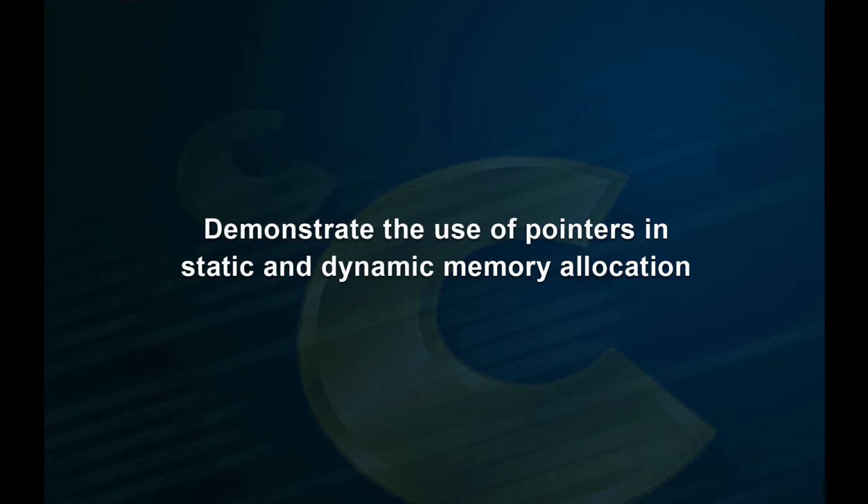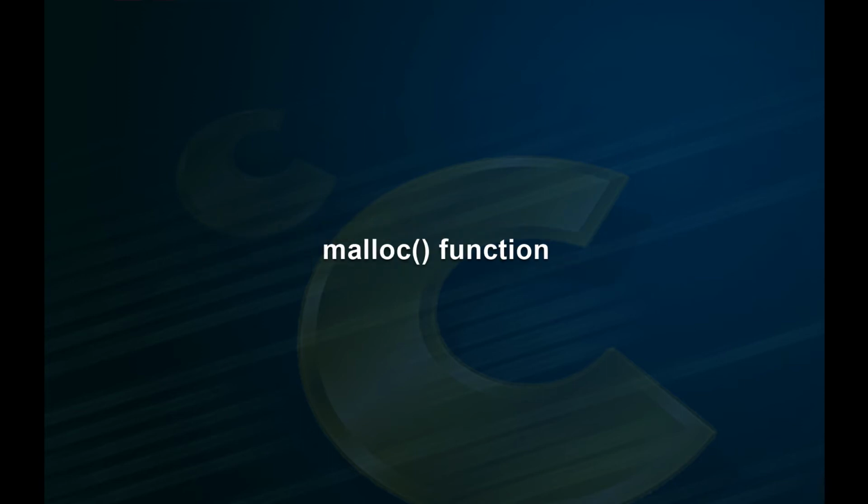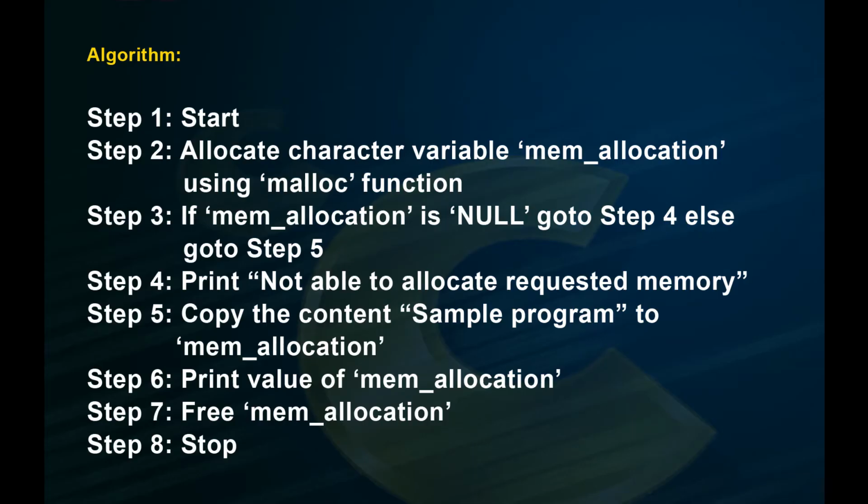Now, let us move to the next program to demonstrate the use of pointers in static and dynamic memory allocation using the malloc function. Let us now see the algorithm. Step 1, start. Step 2, allocate character variable mem_allocation using malloc function. Step 3, if mem_allocation is null, go to step 4, else go to step 5.